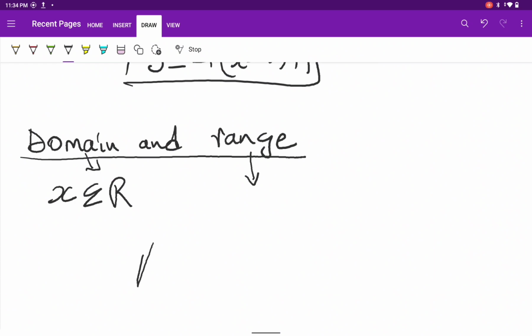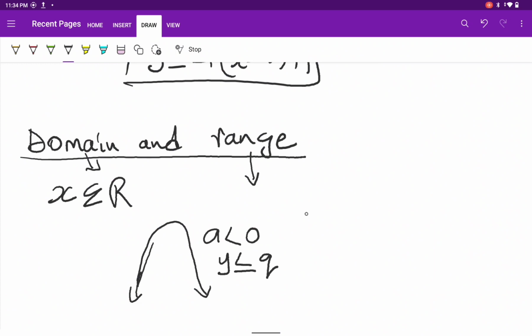If the graph is a decreasing function like this one, so we set a is less than 0, it means the range will be y is less than or equal to the value of q.